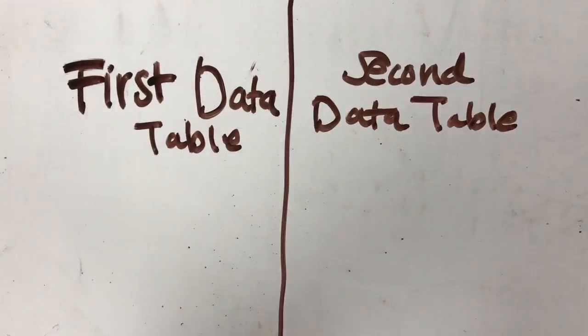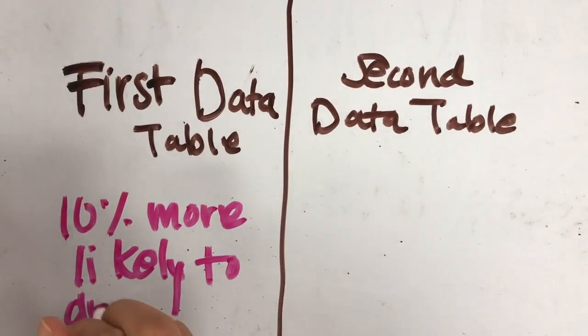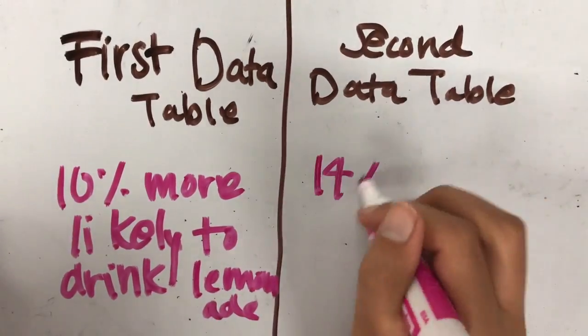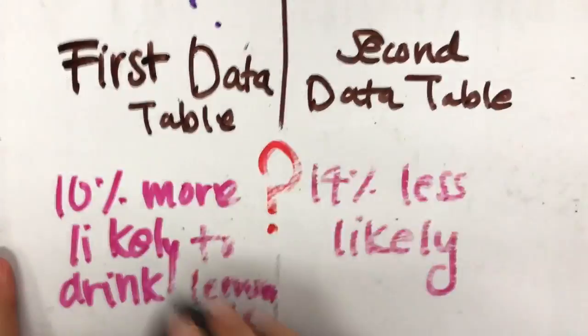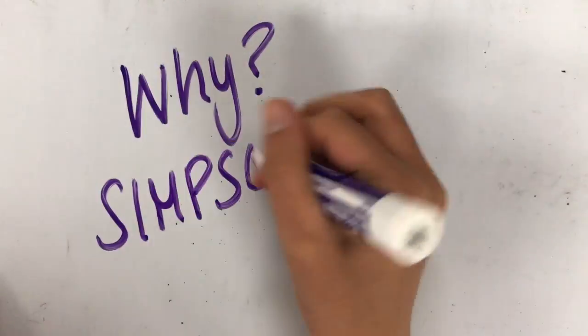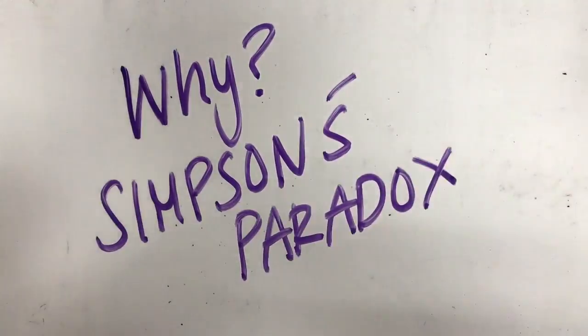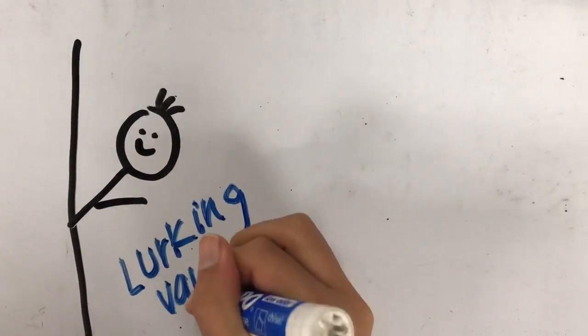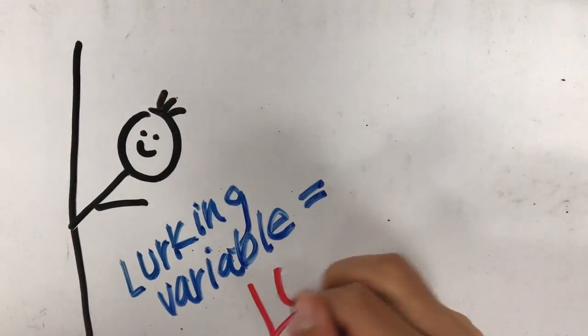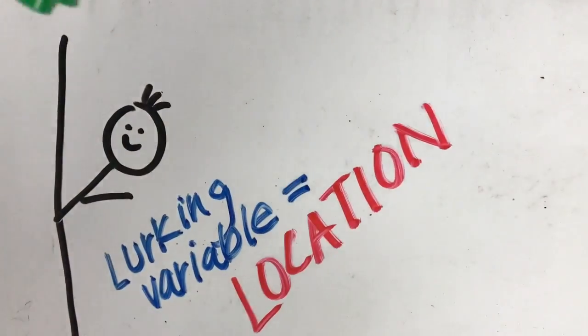Wait a minute, something changed. It looks like according to this data, females are about 14% less likely to drink lemonade than males. Why? Well, it's because of Simpson's paradox. But how do we know which set of data is correct? Well, since the first table accounted for location, the lurking variable, this data is correct.